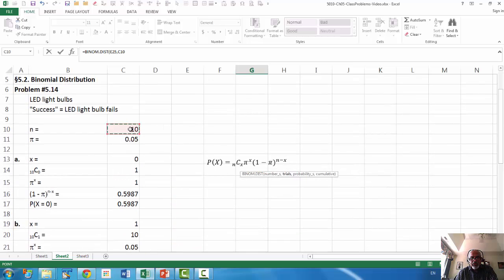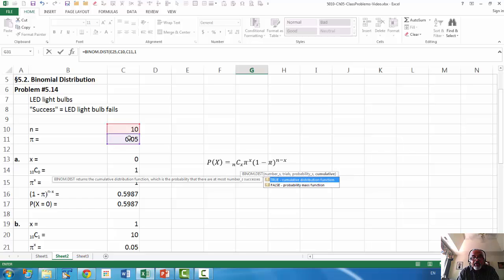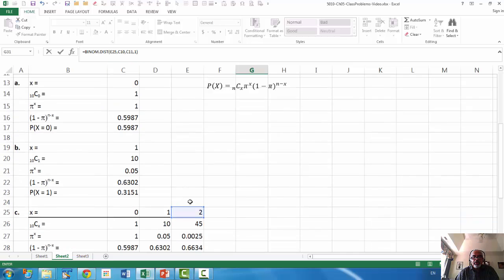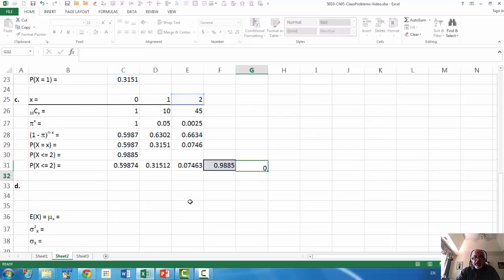And then you have your n and pi. And then say 1 for cumulative distribution, true. Then you get the cumulative probability, that is 0, 1, 2, all three of them added together, and you get the answer in one function itself. The last argument in binomial is whether it's cumulative probability or individual probability.